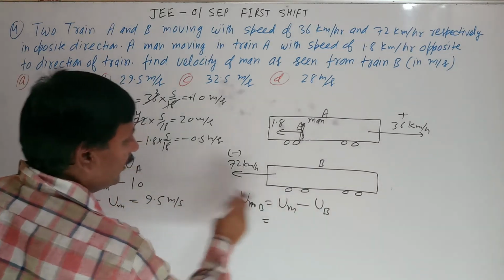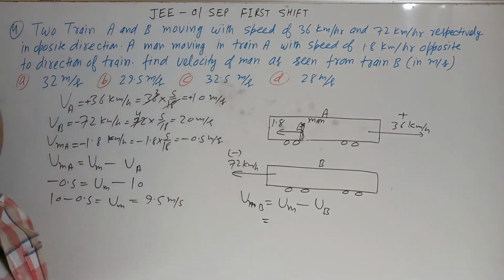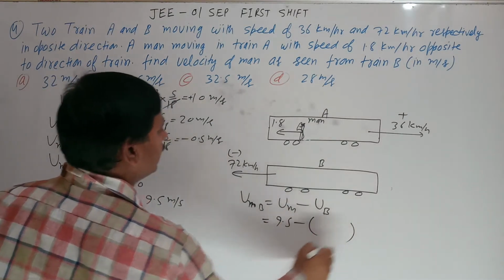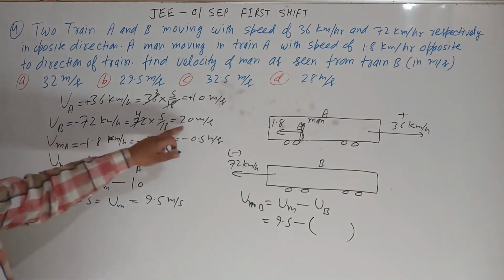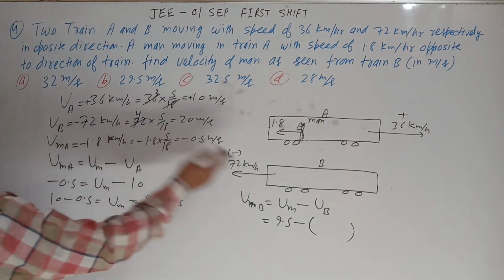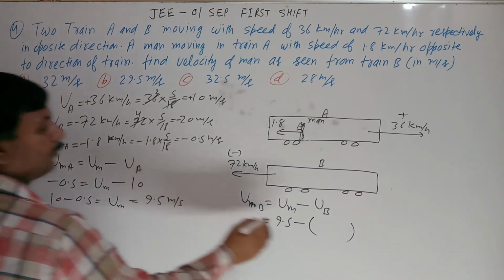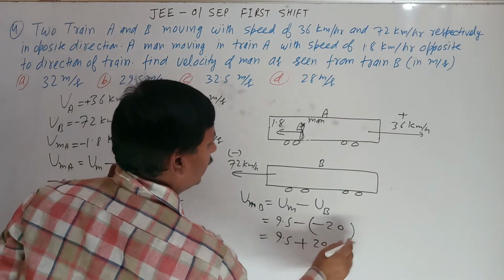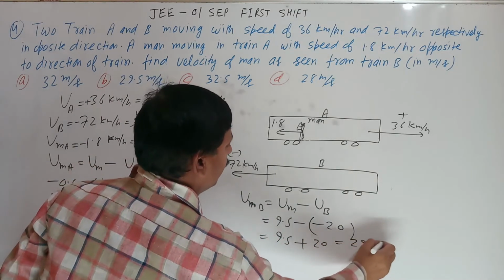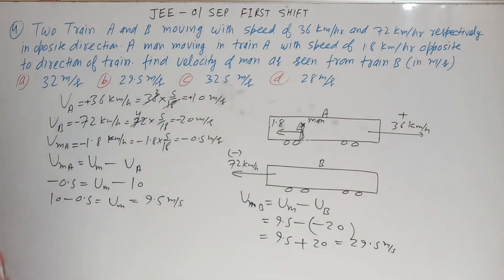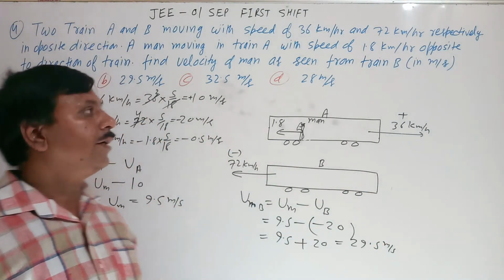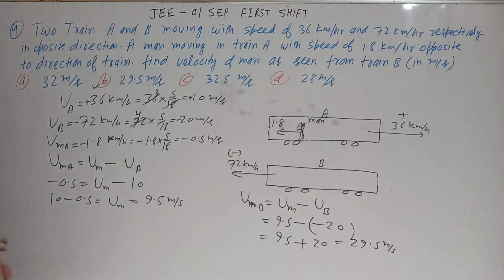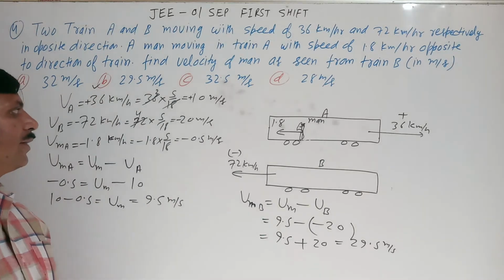Now put this in the velocity of the man with respect to train B: 9.5 minus the velocity of train B. Because this is on the left-hand side, it is negative, so that is minus 20. So 9.5 minus minus 20 is plus 20, that comes to 29.5. The velocity of the man with respect to train B is 29.5 meter per second. So B option is correct.